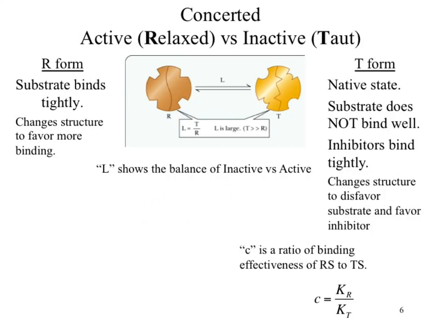So L shows our balance of this inactive to active relationship. What happens as L gets bigger? Let me ask that question differently. If we looked at a graph of our substrate concentration versus our rate, and we had just our standard enzyme on there, what happens if L gets bigger?